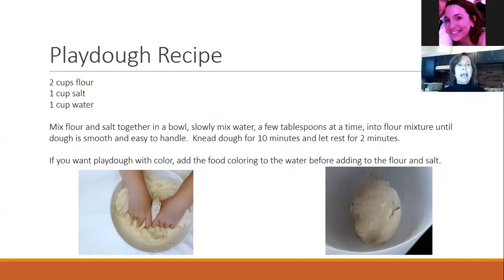Don't mix it all together and then put the food coloring in and try to make it work so that the food coloring is in the dough. It just doesn't really work. So there's the Play-Doh recipe, and like I said, you'll also get a separate document that will be just the Play-Doh recipe.